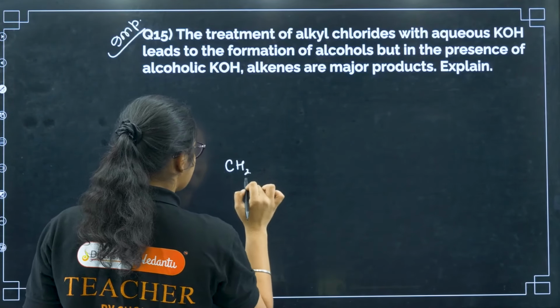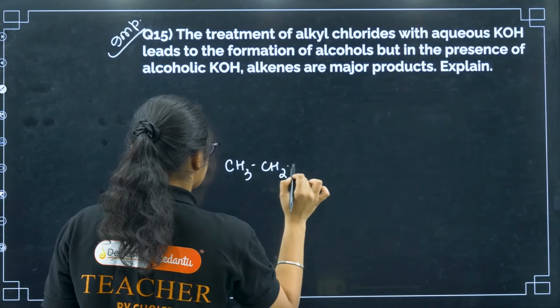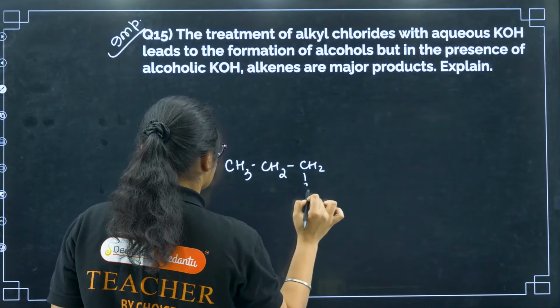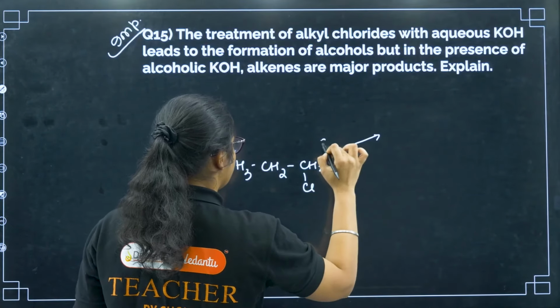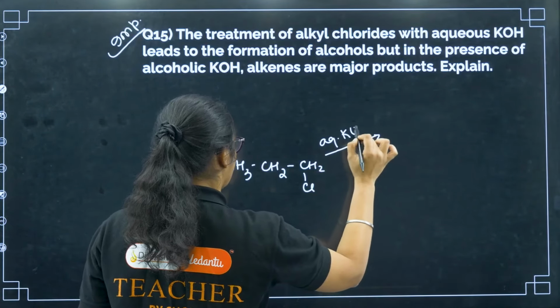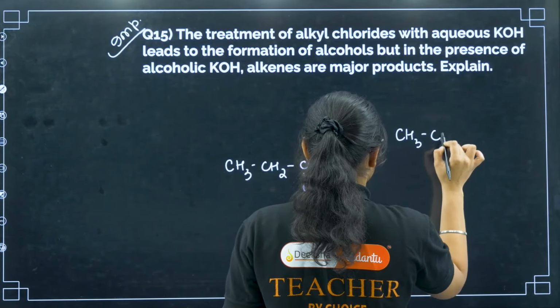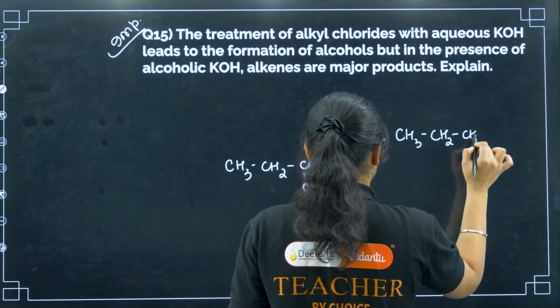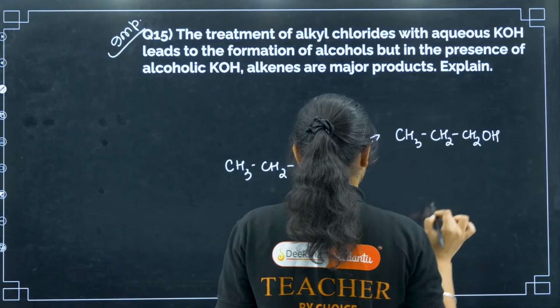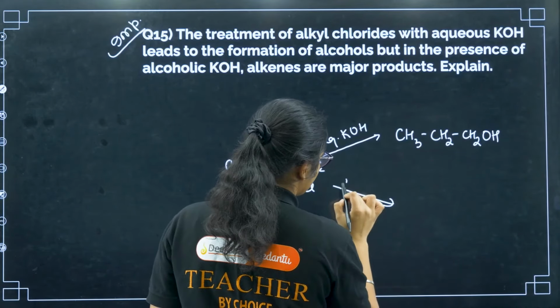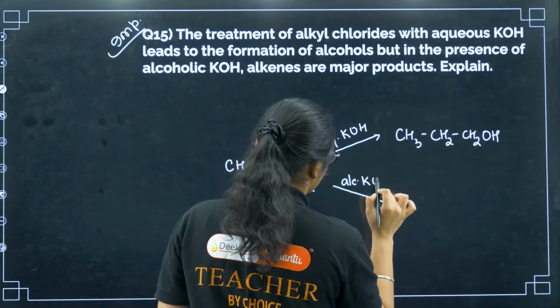If I have this one and I treat it with aqueous KOH, Cl will be replaced with OH, right? And here I am treating it with alcoholic KOH.